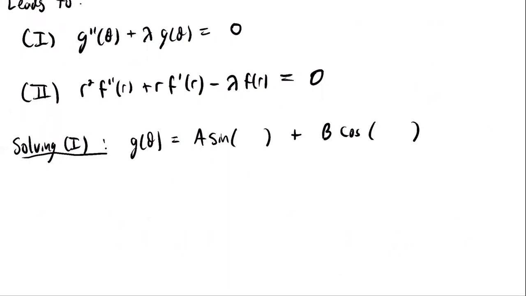And let's suppose, using our intuition from all the other separation of variables problems we've looked at, that lambda is equal to n squared, where n is an integer bigger than or equal to 0, say. Then the solution would be given by a times sine of n theta plus b times cosine of n theta.